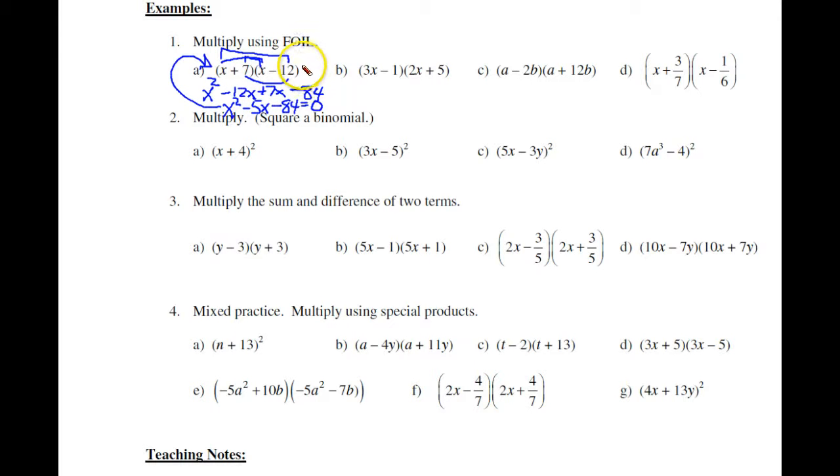You may recall this from high school algebra. We're going to set each of these factors equal to 0, and we get x plus 7 equals 0, or x minus 12 equals 0. So here x is a negative 7, and here x is a positive 12.